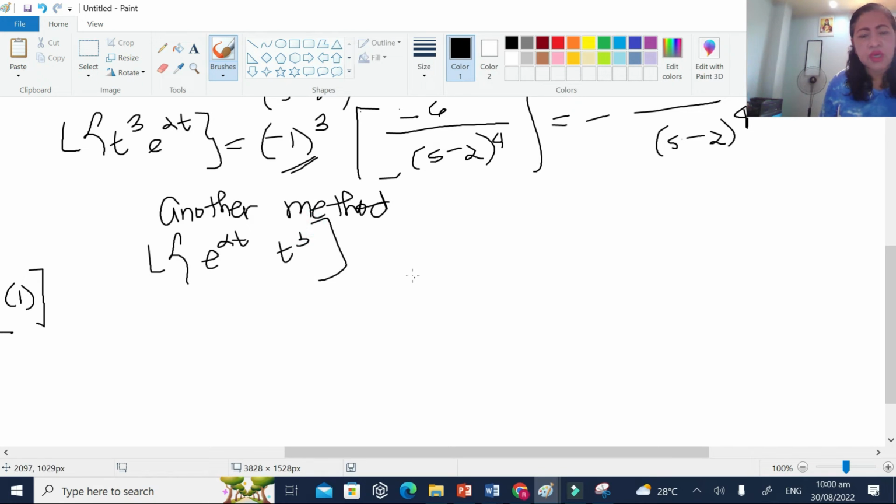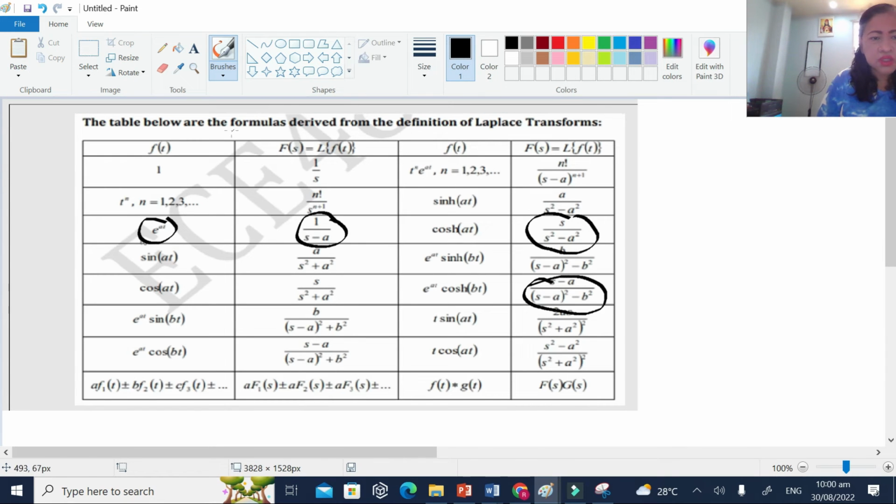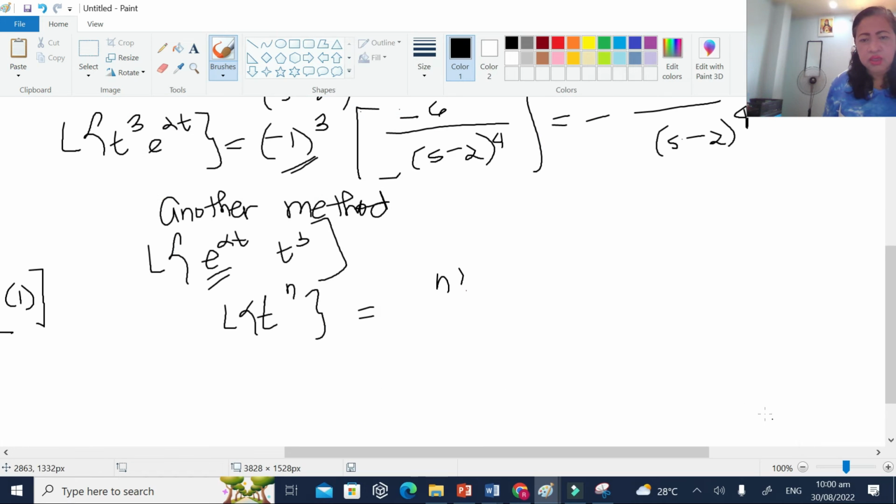We take it out and shift. So, the Laplace of t to the n is equivalent to n factorial over s to the n plus 1. This is the formula.